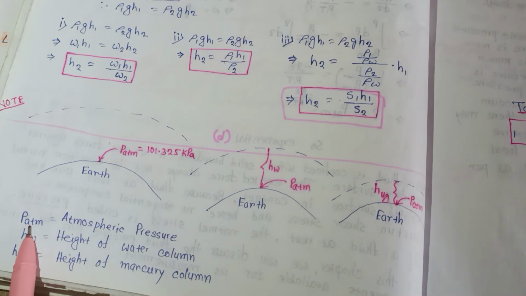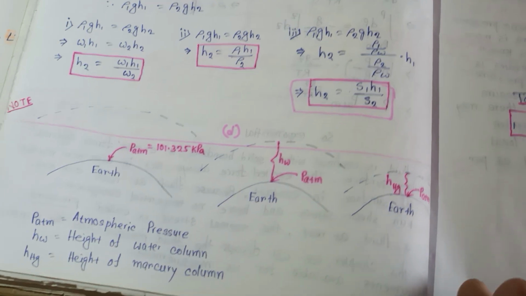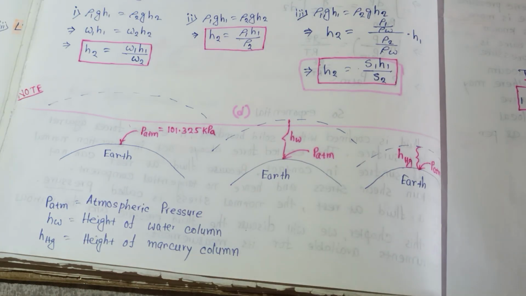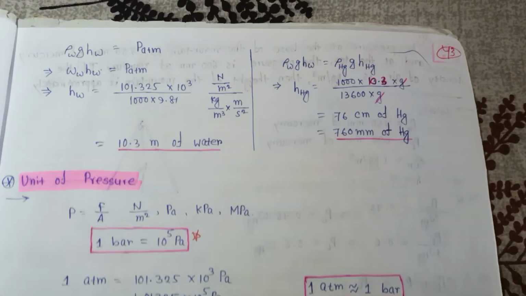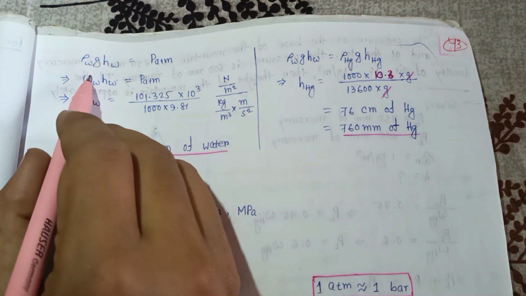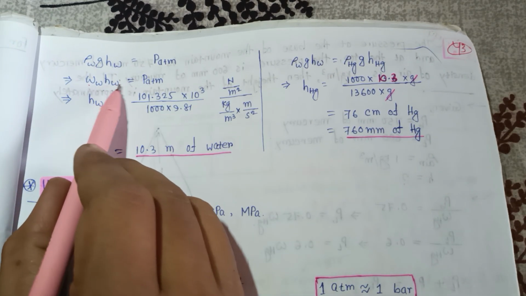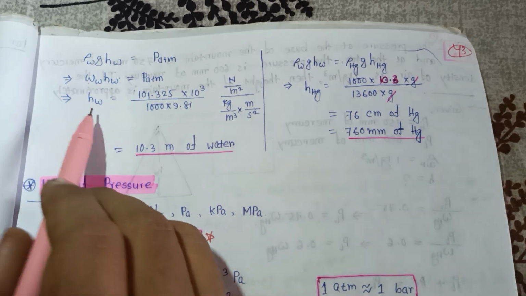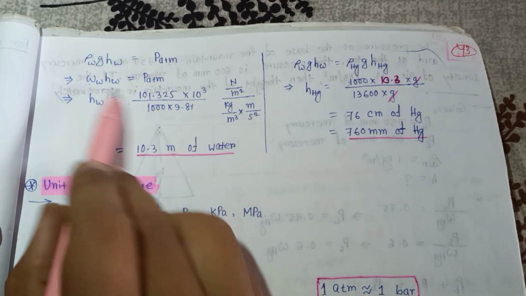So P atm is the atmospheric pressure, hw is the height of the water column, and hg is the height of the mercury column. To calculate the height of the water column, we know that rho of water gh is the atmospheric pressure. So omega of water into h of water equals P atmosphere. So h of water equals P atmosphere by omega of water.